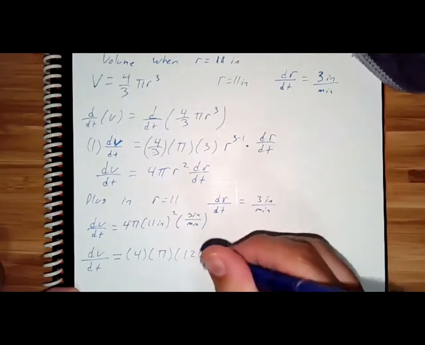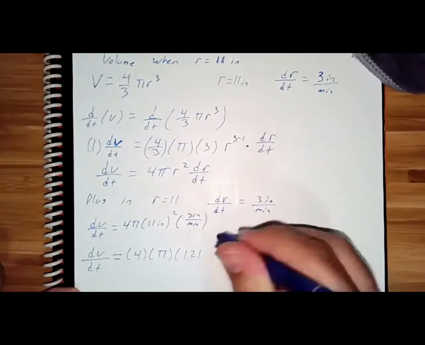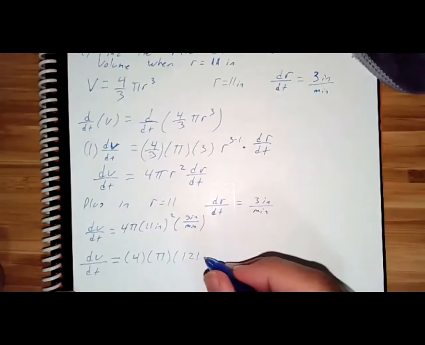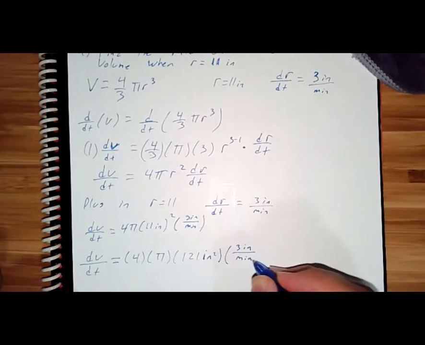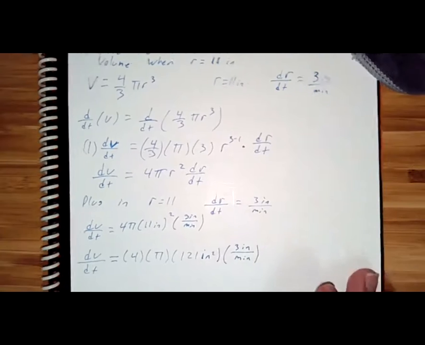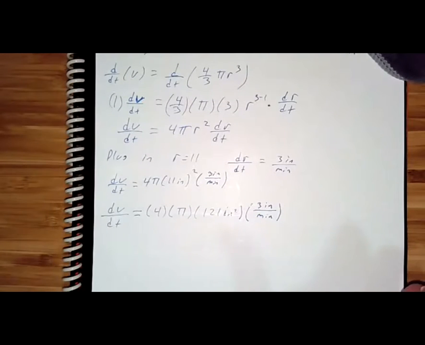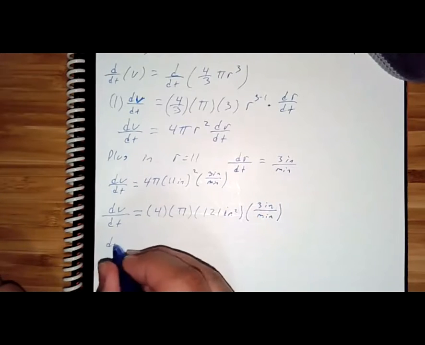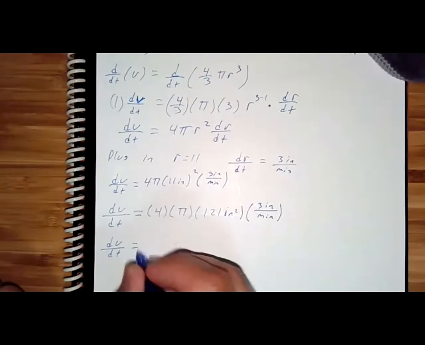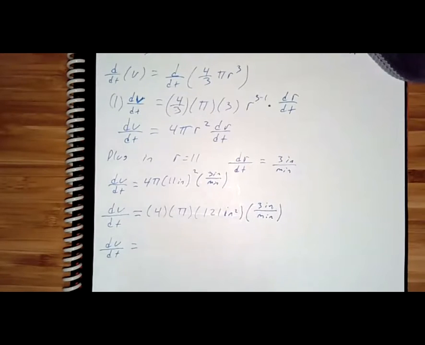Oh, I forgot again. Okay, so inches squared times inches gives me cubes, which is volume. Now we know we're on the right track. So I'm going to leave it in terms of pi.